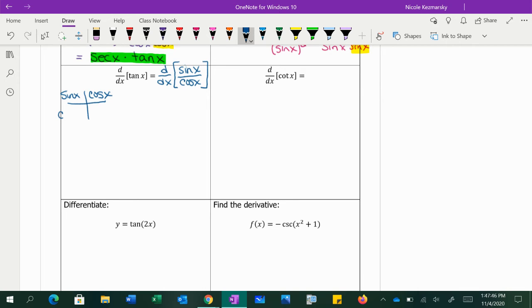The derivative of sine is cosine. The derivative of cosine is negative sine. And then I start to write my derivative. So we'll have cosine of x times cosine of x minus sine of x times negative sine of x over cosine squared.